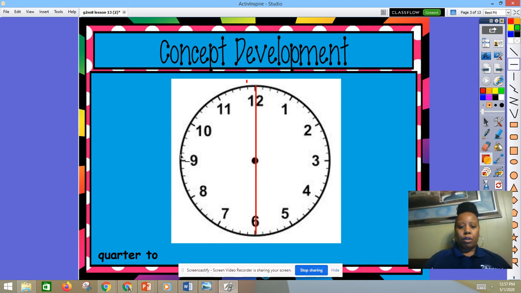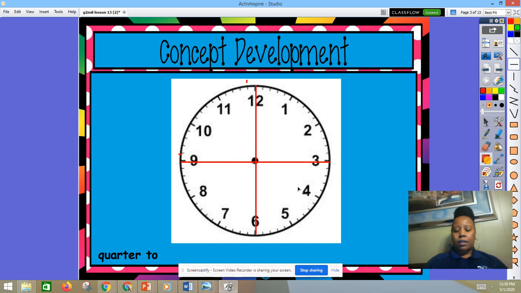So we need 2 more parts. Perfect. Now we have 4 equal parts, or these are also called quarters. This is 1 quarter, 2 quarters, 3 quarters, 4 quarters.